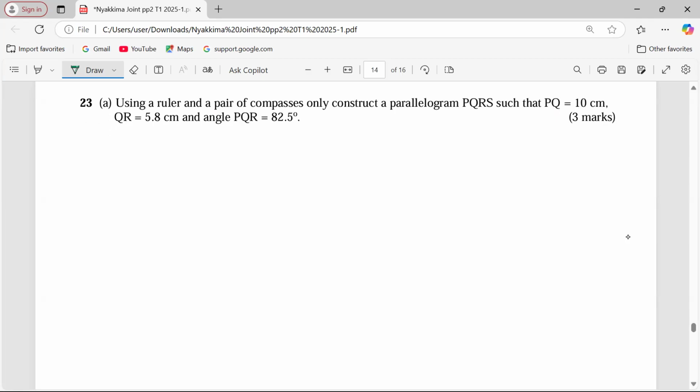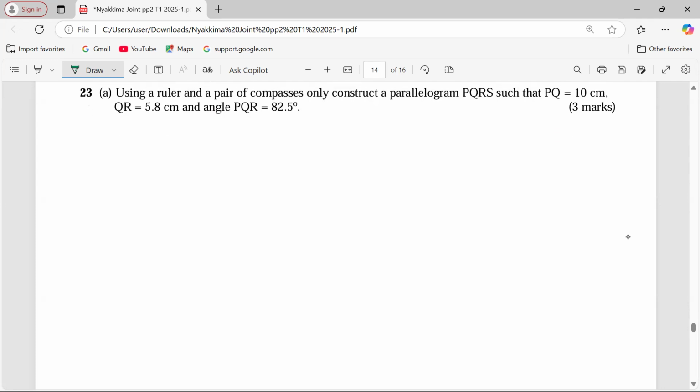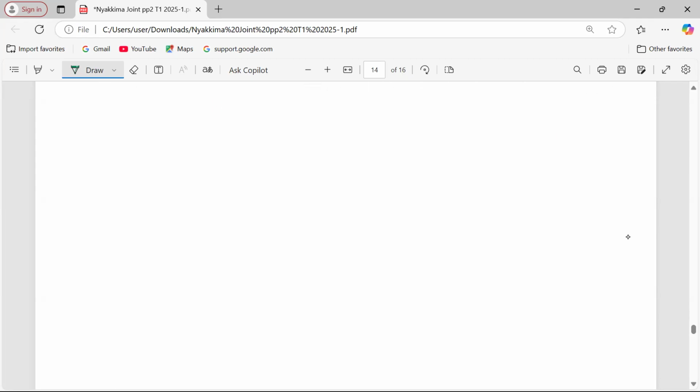The first thing that we're going to do, we will measure PQ, which is 10 centimeters. So let's do the 10 centimeters first.